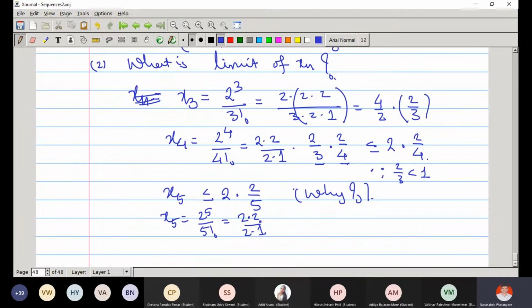That is okay, but why am I separating out this factor? What is your guess? Why am I separating out the first factor?